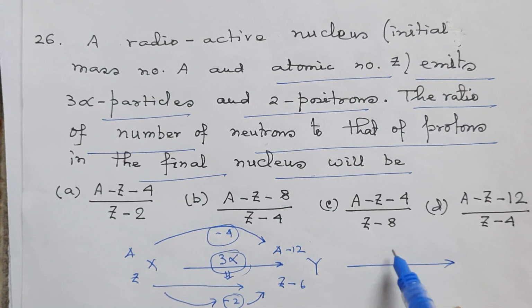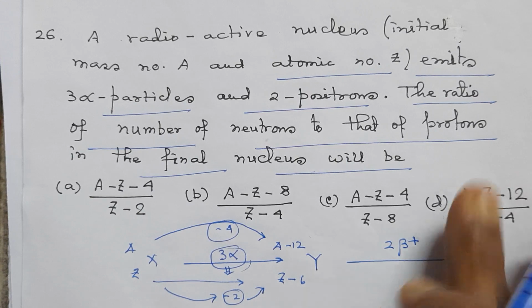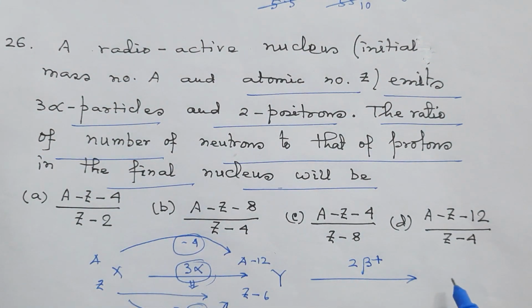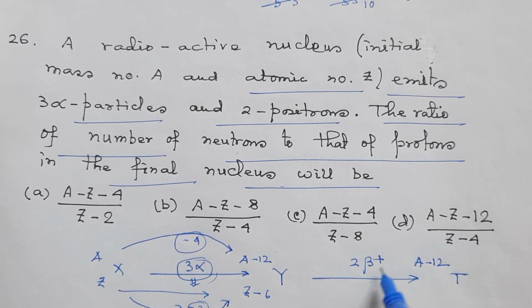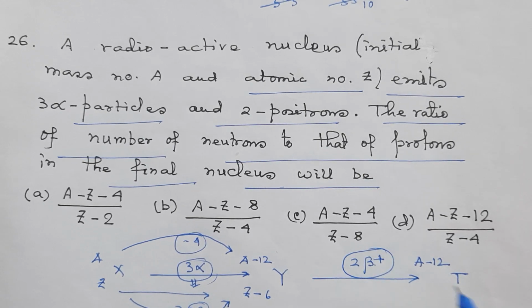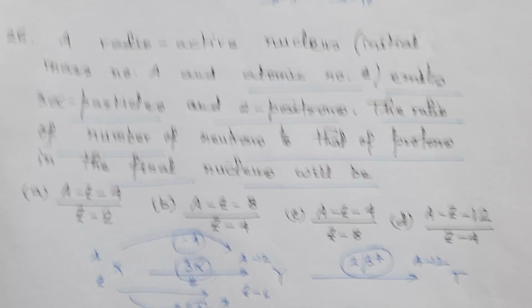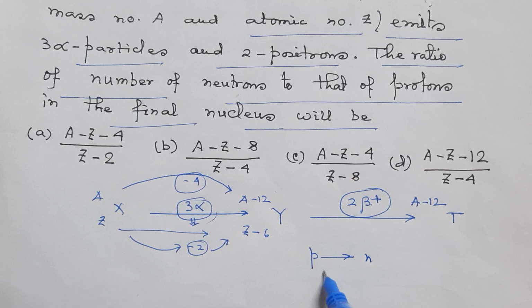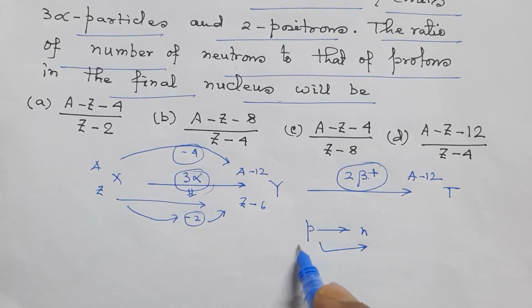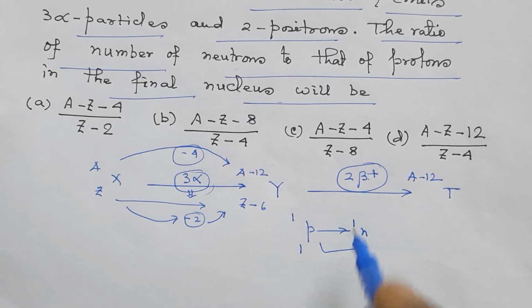And for 2 beta plus decays, that is positron decay, there is no change in the mass number. But for each beta plus decay, the atomic number decreases by 1 unit. In beta plus decay, a proton is transformed into a neutron, proton 1H1 into neutron 0n1.